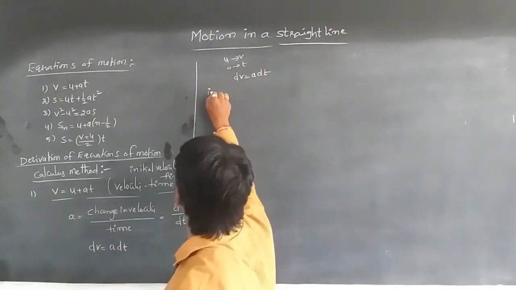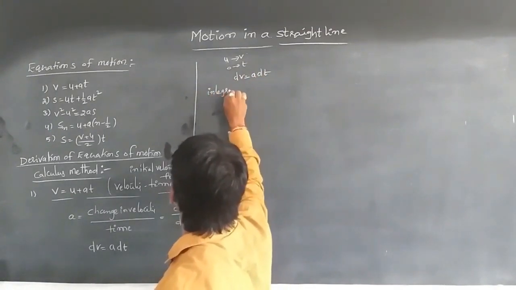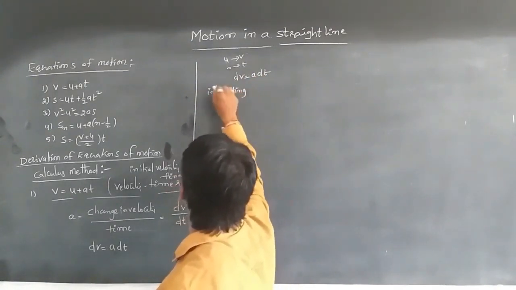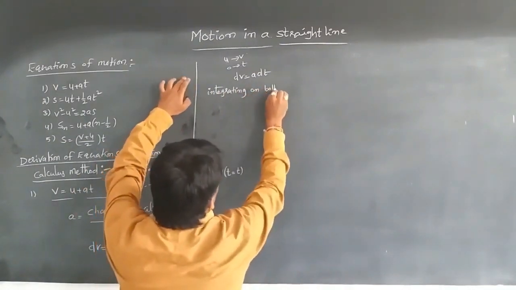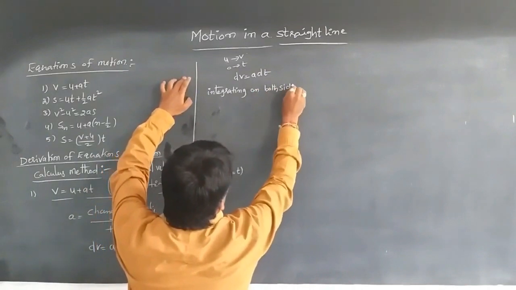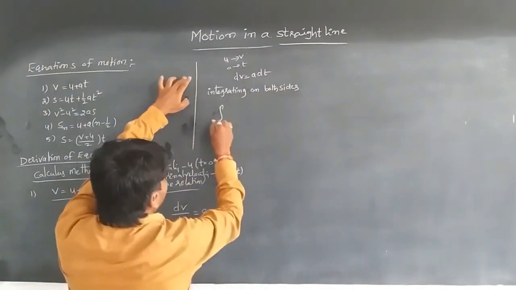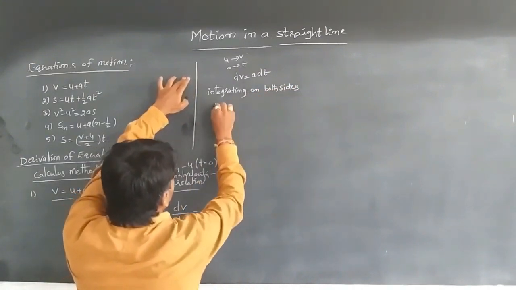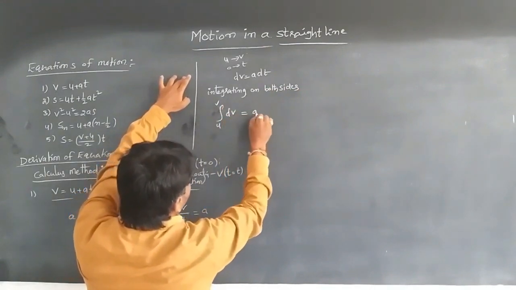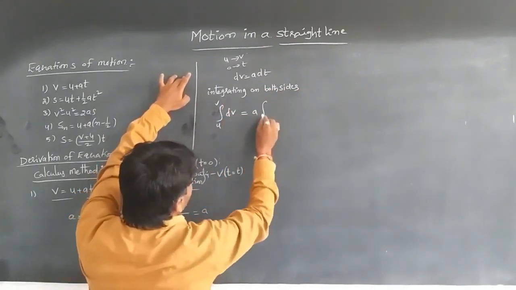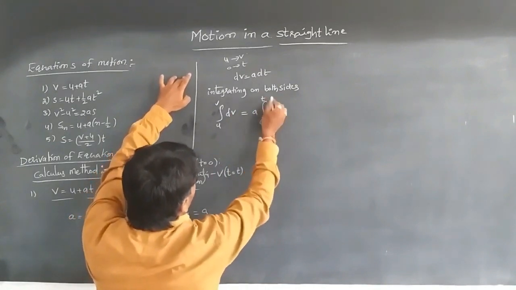Integrating on both sides, the velocity changes from u to v, between the limits u and v, and the acceleration, being constant, is taken outside the integral. The time changes from 0 to t.